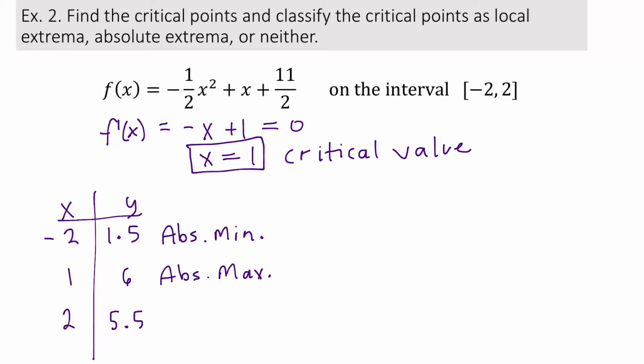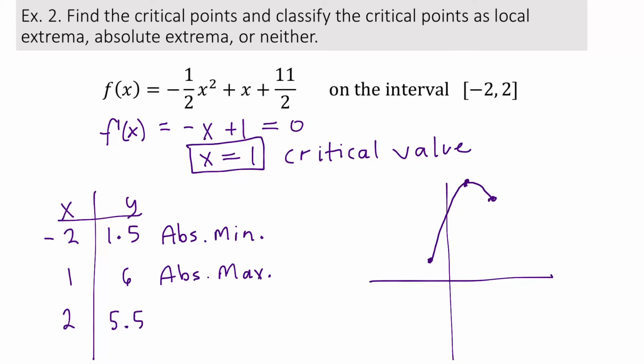Let's just see what this looks like. I know that this is a downward facing parabola. So it's got the point (-2, 1.5), rough sketch, (1, 6), and (2, 5.5). So over the closed interval, I've got these 3 points that I'm investigating.